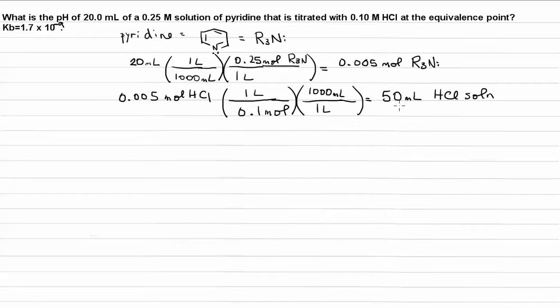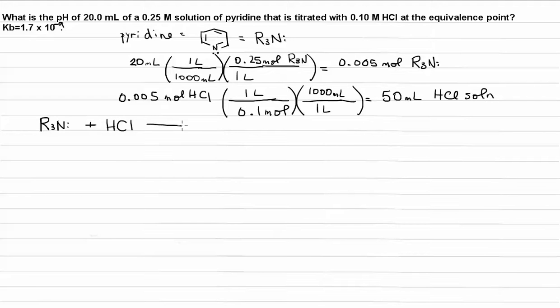All right. Now, when you're talking about adding a strong acid or a strong base, whenever you have anything strong and you're adding it to something that's weak, it is going to be a reaction. Reactions need ICF tables, not ICE tables. So we're going to talk about an ICF table, and ICF tables are in terms of moles. So let's predict the products of this reaction. We have weak base pyridine, R3N, reacting with strong acid, HCl.